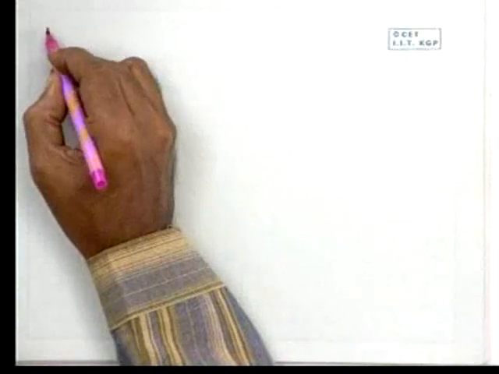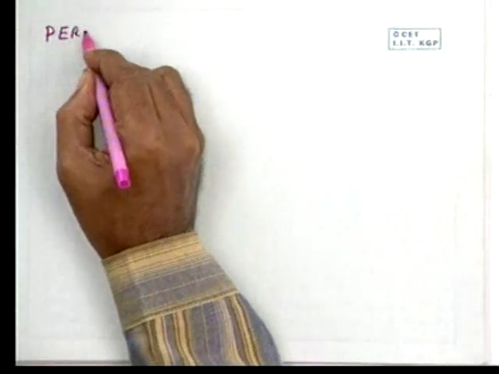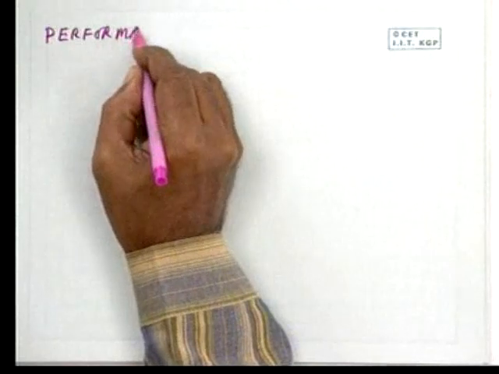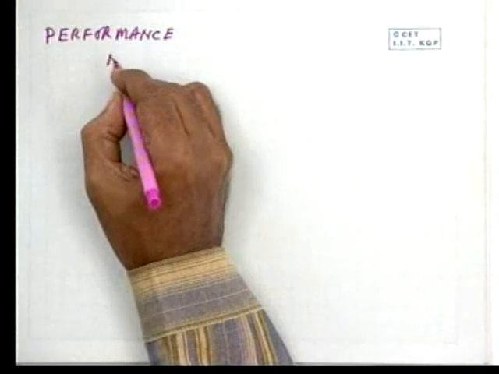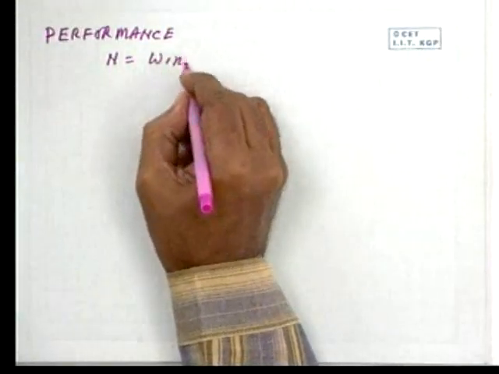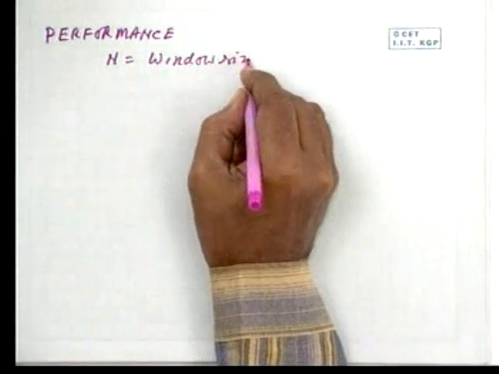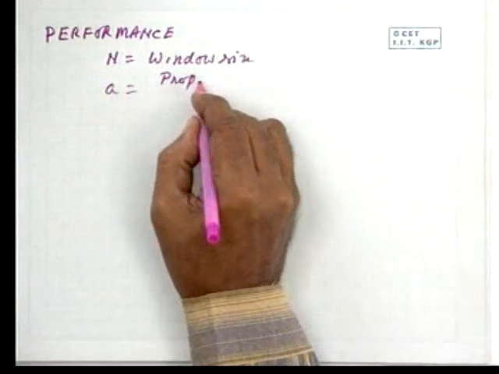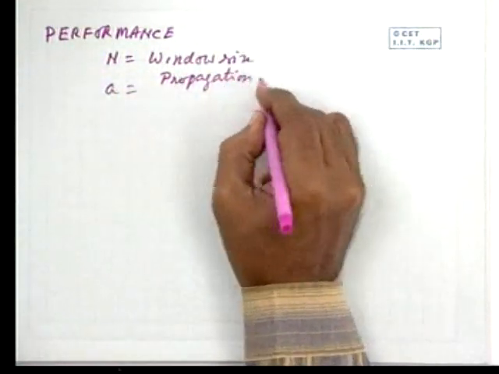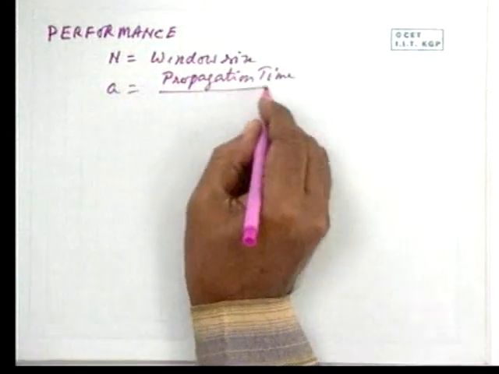Let us now consider the performance. The performance of sliding window flow control depends on two parameters: N, the window size, and a, the ratio of propagation time to transmission time.